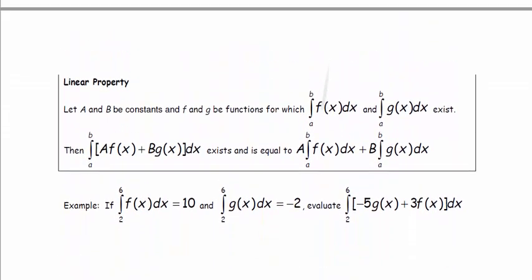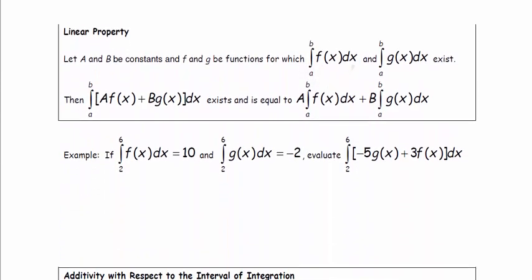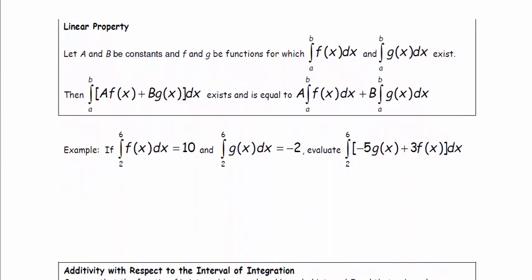Because if you look at the linear property, it is actually saying that you can add two integrals together, right? But then you can also bring the constants out in front. So this a was brought out in front and this b was brought out in front.